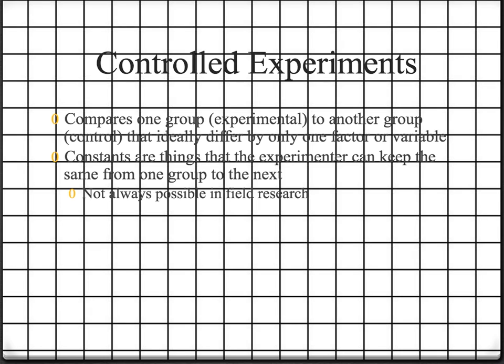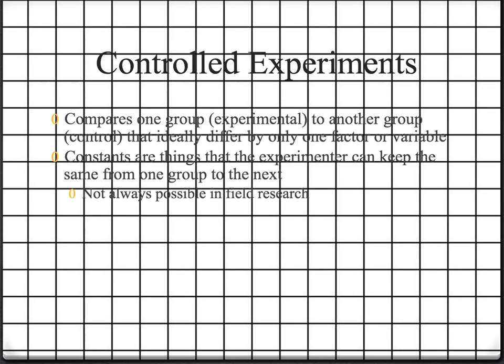So a controlled experiment is just an experiment that compares one group, which is usually your experimental group, to another group that you're going to call the control. Usually those two groups are only going to differ by one factor or one variable. The more variables you get mixed into it, the harder it is to actually make a correlation between the two things, okay, or three things.